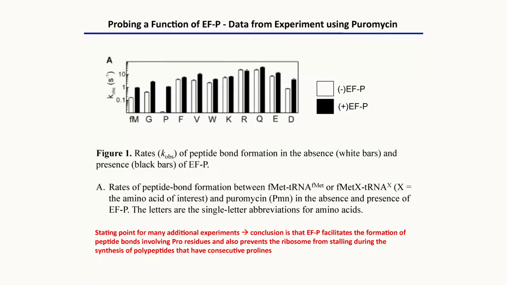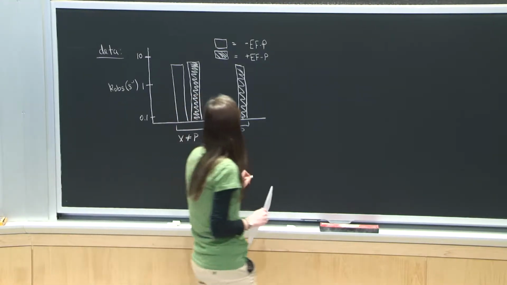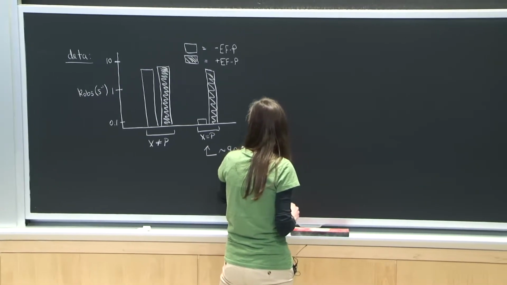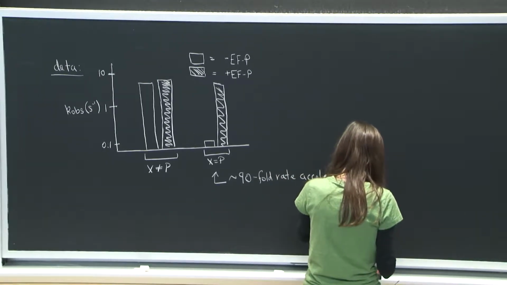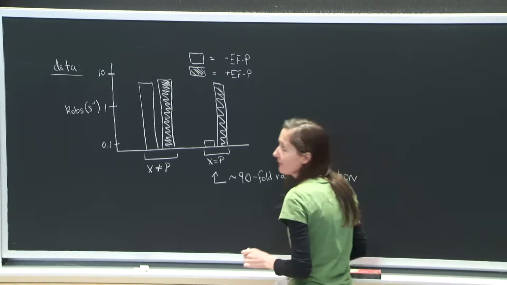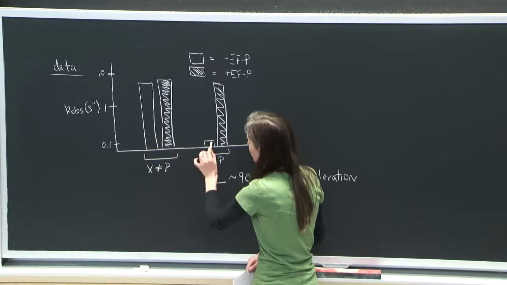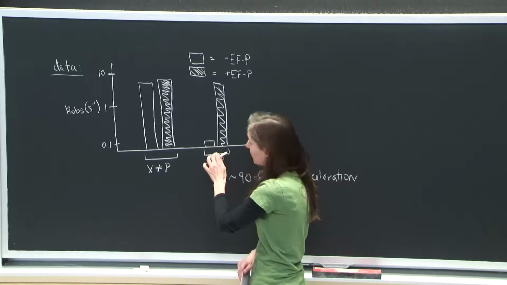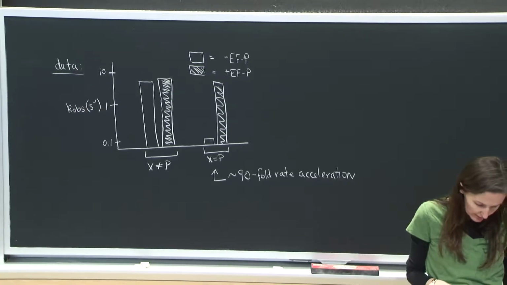What was very striking about these initial experiments was what happened when X equals proline. Effectively, they observed about 90-fold rate acceleration. If we compare the K observed for peptide bond formation in the absence of EFP, it's significantly diminished for proline if EFP isn't there.